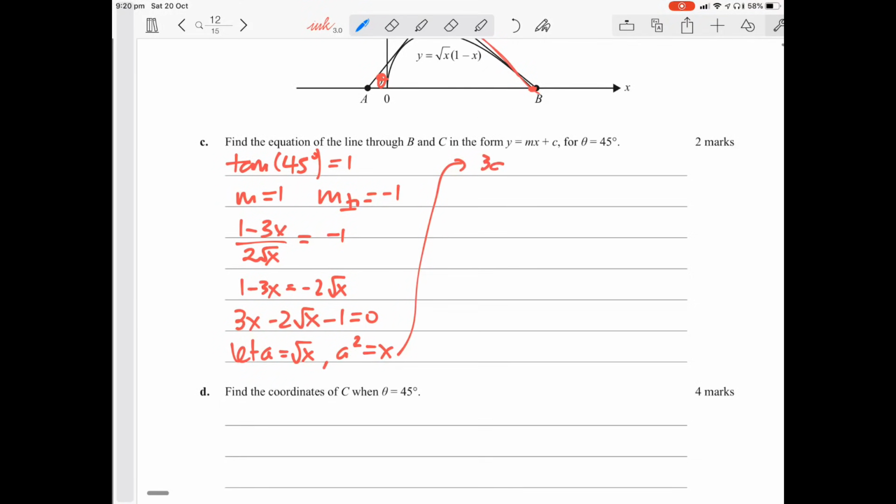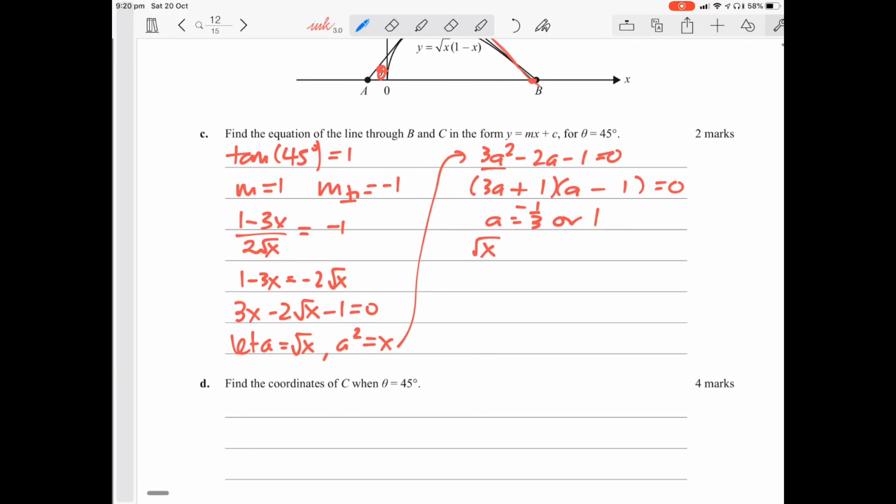So I get 3a squared minus 2a minus 1 equals 0. 3a, a, 1, 1, negative and positive, because I want 3a squared minus 3a plus 1a. So a equals negative 1/3, or a equals 1.